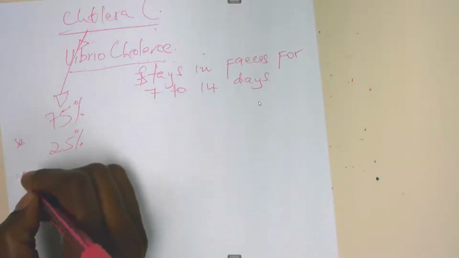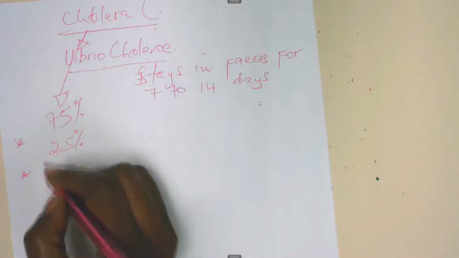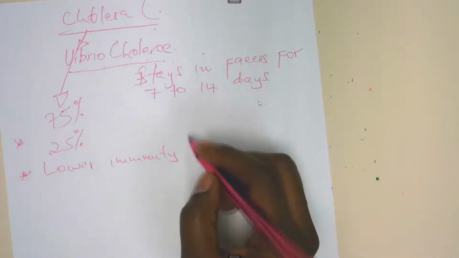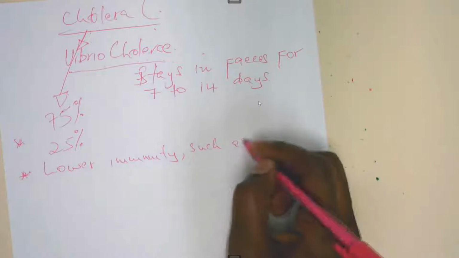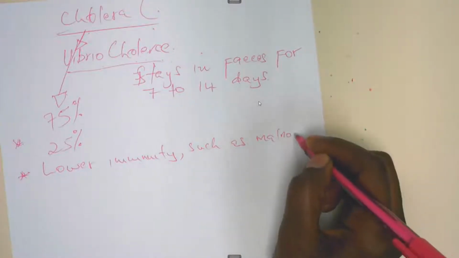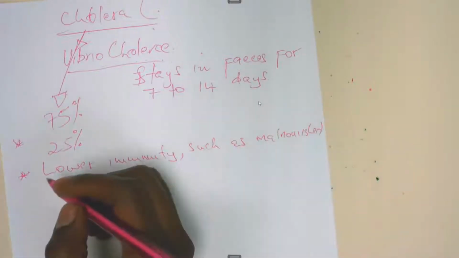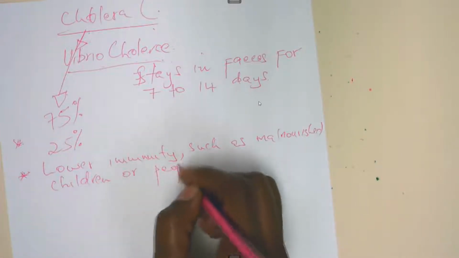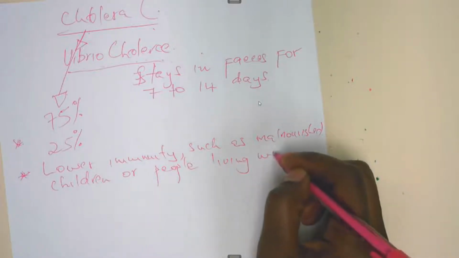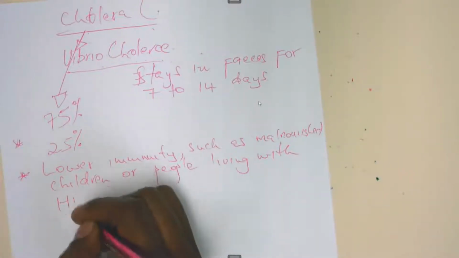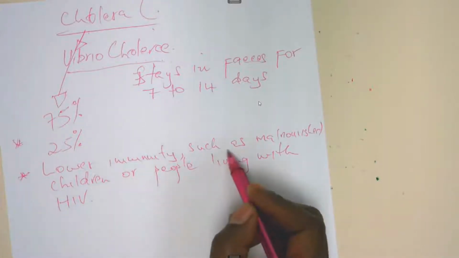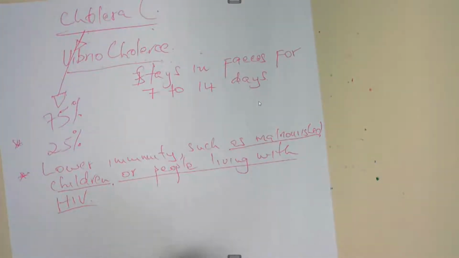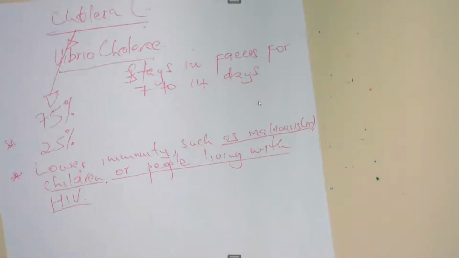Another very important thing: individuals with lower immunity, such as malnourished children or people living with HIV, are at a greater risk of death if they are infected with cholera.